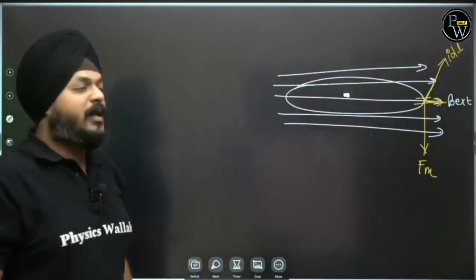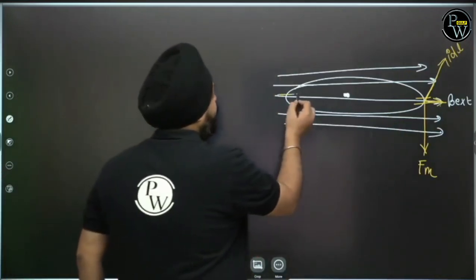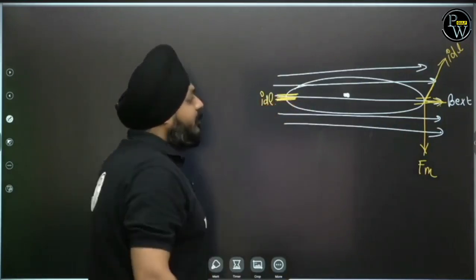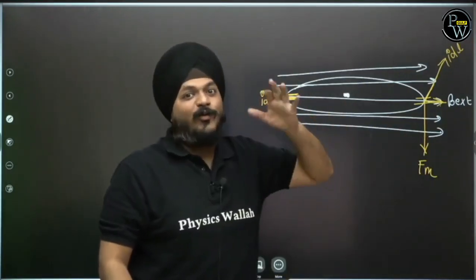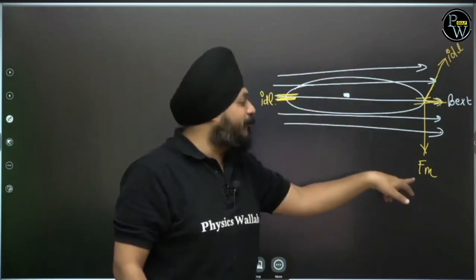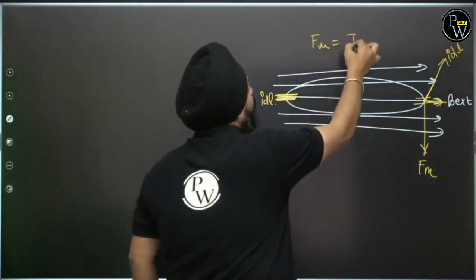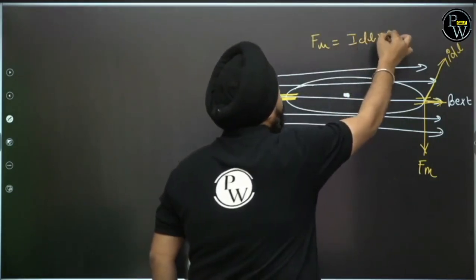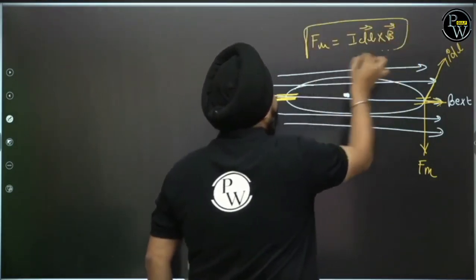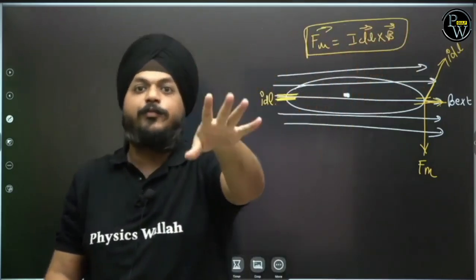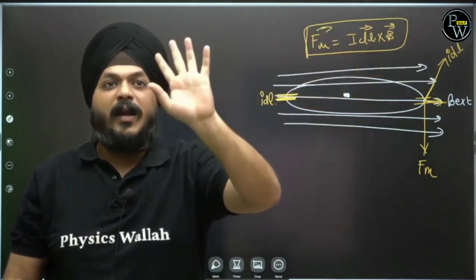Similarly, what happens if I talk about the other side? Now you all are aware of how we identify the direction of the magnetic force. We all know the formula Fm equals I dL cross B. The direction of the cross product of the current element and the magnetic field gives the direction of the force.